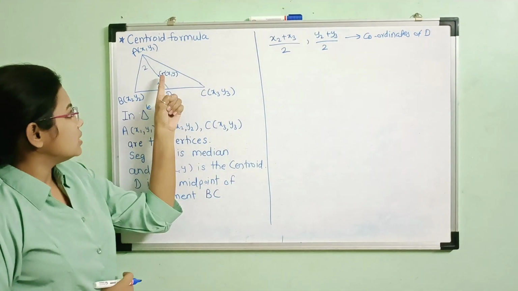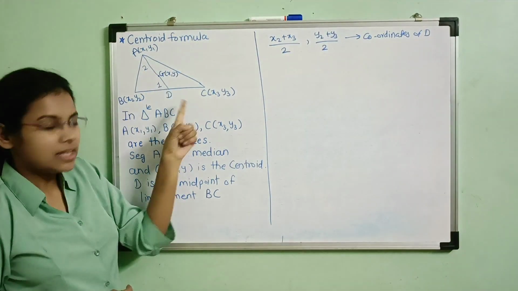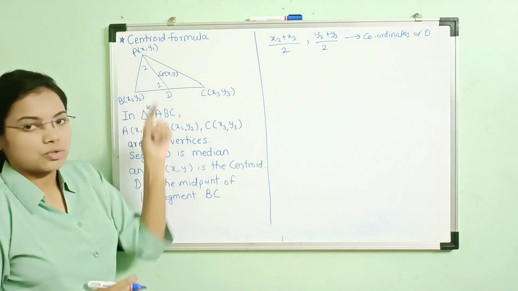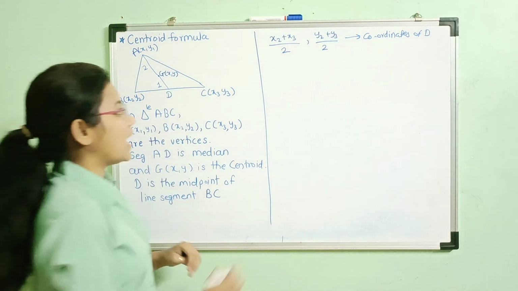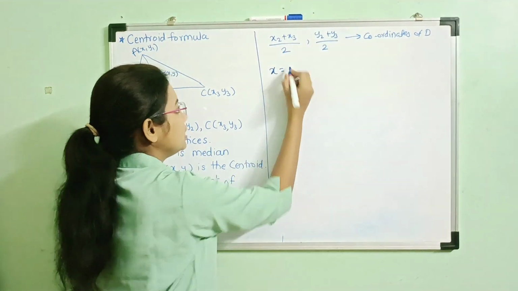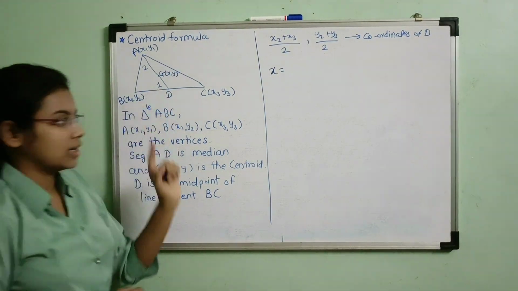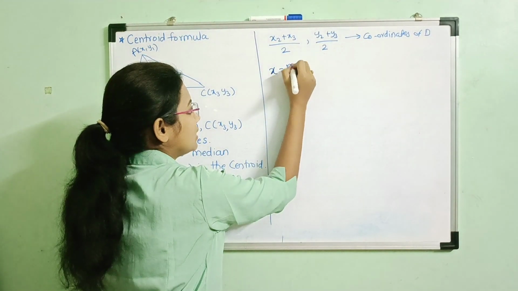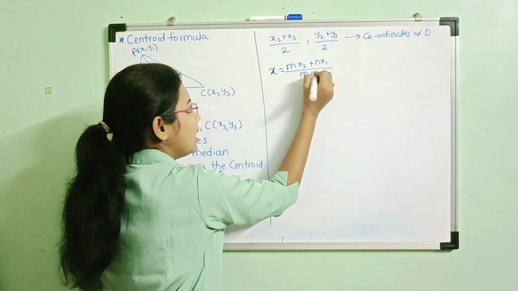Okay, and now G divides line segment AD in the ratio 2:1. So we can use the section formula here. The first coordinate of G: the value of m will be 2 and the value of n is 1. You know the section formula, mx2 plus nx1 divided by m plus n.